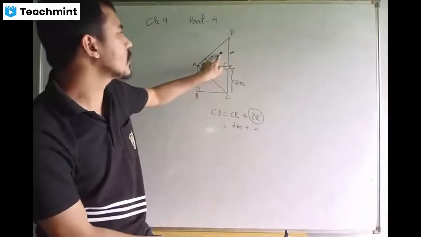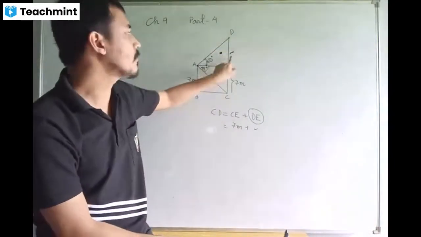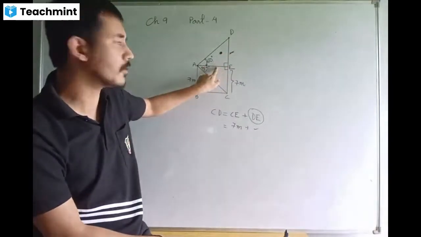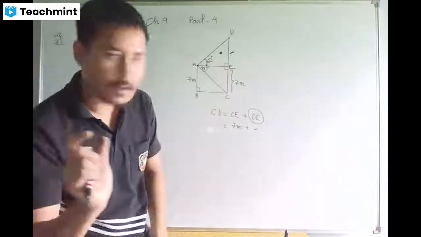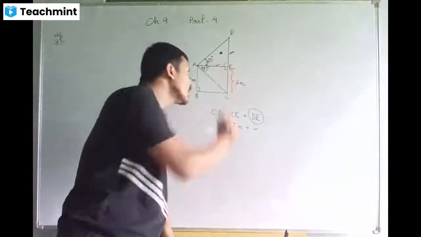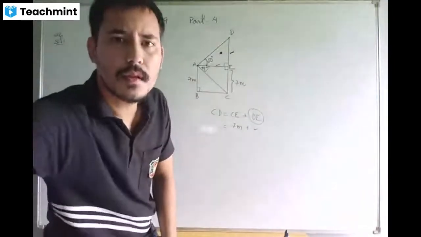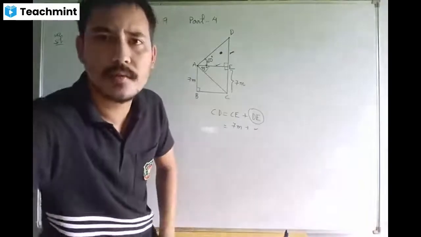But in this right triangle, I do not know the measure of any of the sides. So in order to find DE from this right triangle, first of all, I have to find AE, right? In order to get AE, which triangle do I use now?